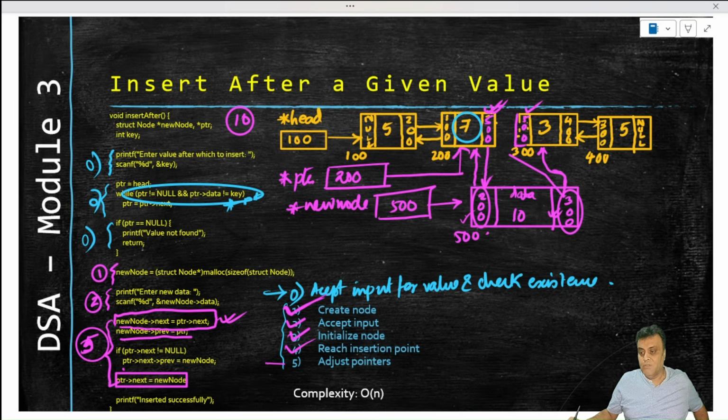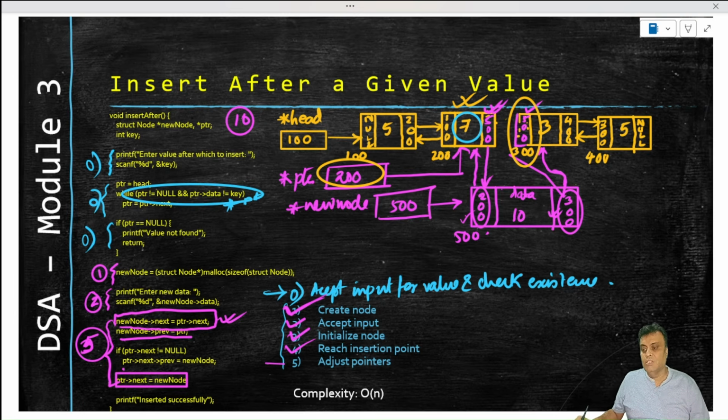The last step that we have is the pointer's next's previous. That means, see, you don't have access. Listen very carefully here. This is an important step. You don't have access to this particular pointer. The reason is only you have the pointer, right? The pointer points here. How do you know this particular thing, right? You have to change this now to point to the new node, right?